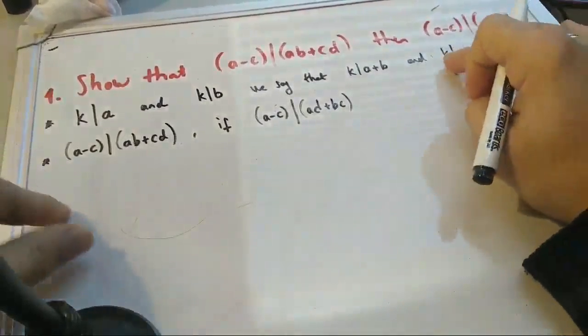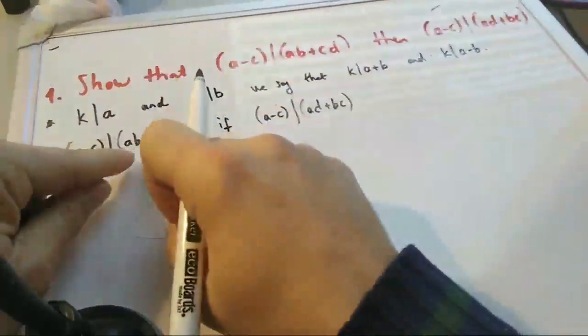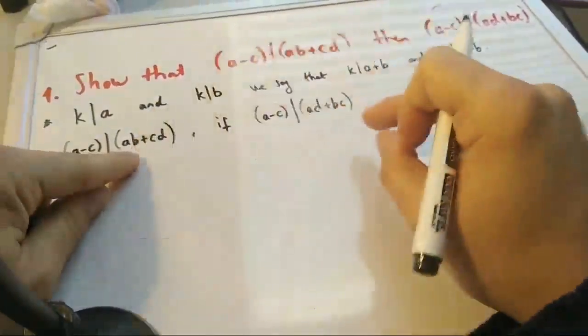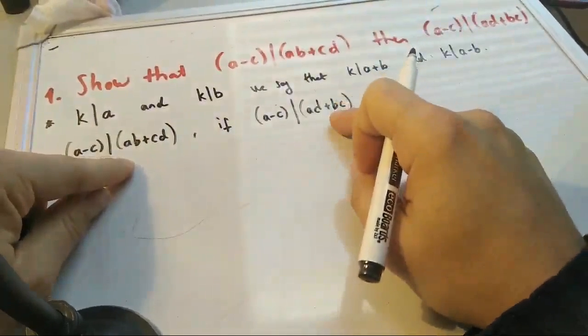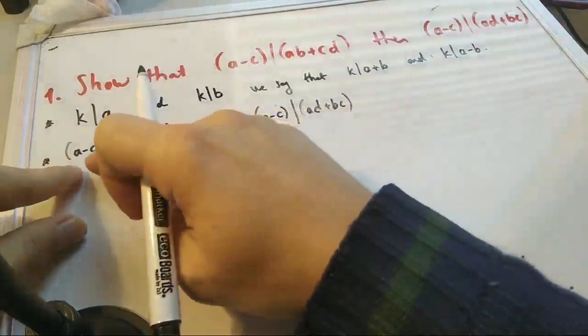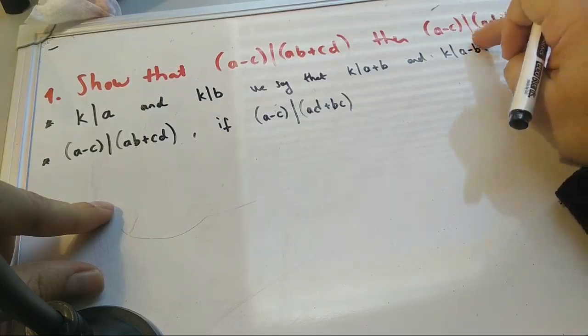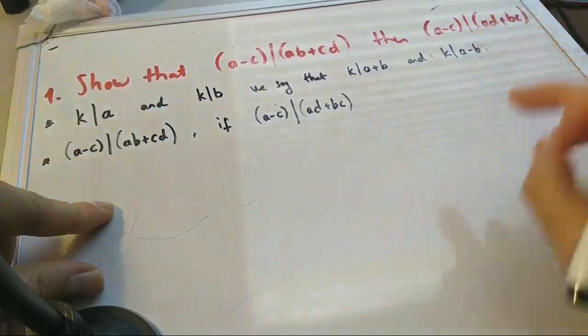Like here, a minus c is divisible by k. Now if the difference between ab plus cd and ad plus bc is divisible by a minus c, then automatically a minus c divides ad plus bc.